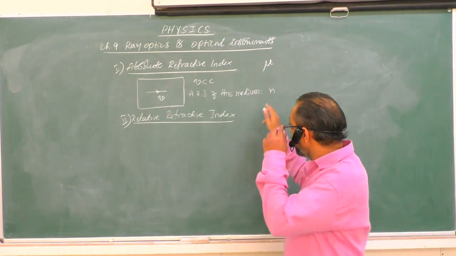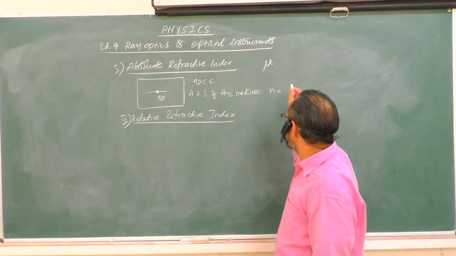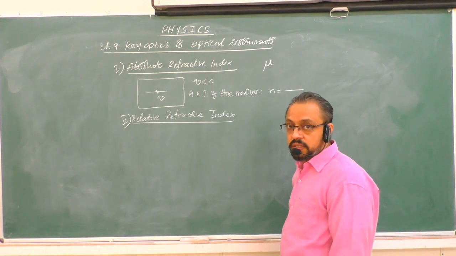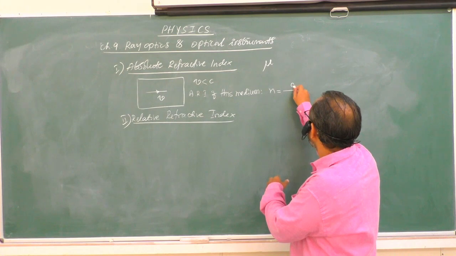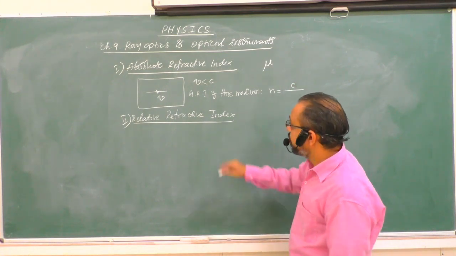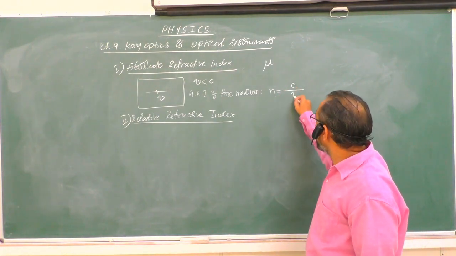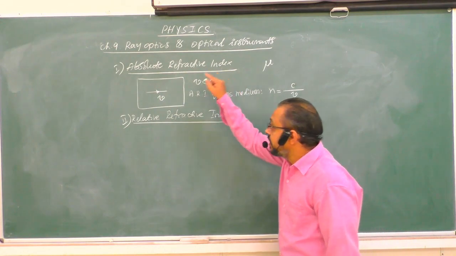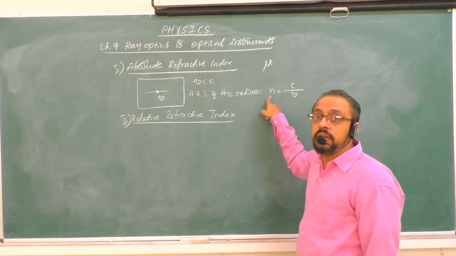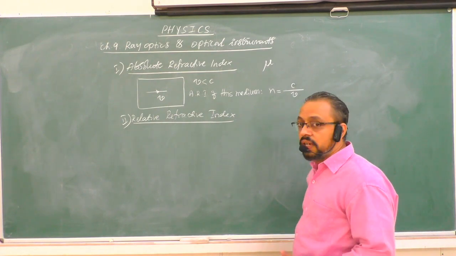This is how I have to read this notation. Absolute refractive index of this medium, n, is the ratio of speed of light in vacuum, which is c, 3 into 10 power 8 meter per second, divided by speed of the light in this medium. So that ratio I have to call absolute refractive index.